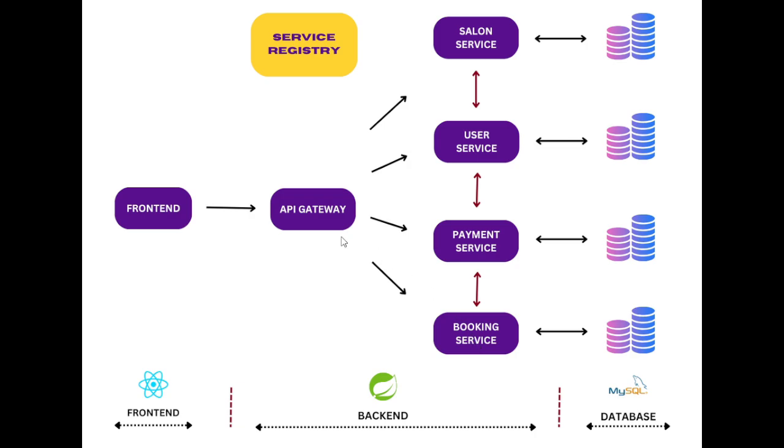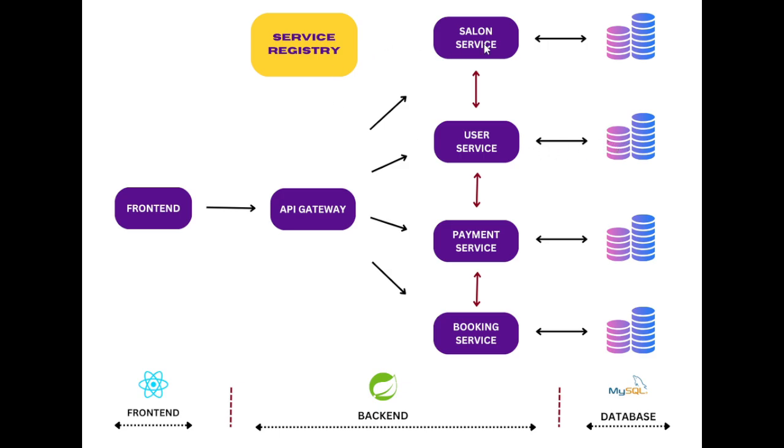Let's suppose the request came for user registration, so it will route the request to the user service, and this user service is connected with the database. So it will register the user in its connected database.